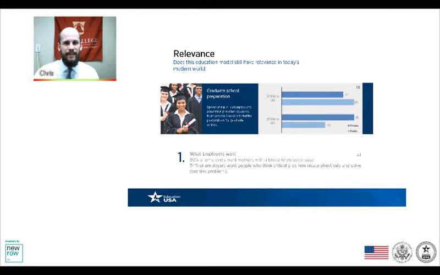Exposure to thinking critically and thinking about different problems, solving complex problems with unique, creative solutions, and communicating those solutions well. That's what we do here, and it's a basic foundation of what a liberal arts education is, completing all of those different things.